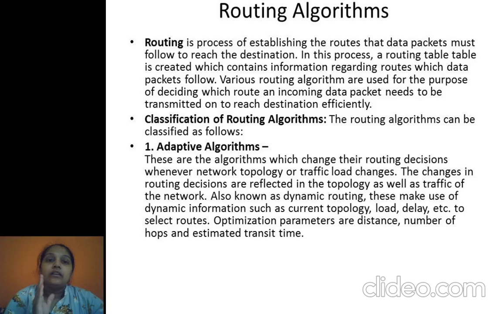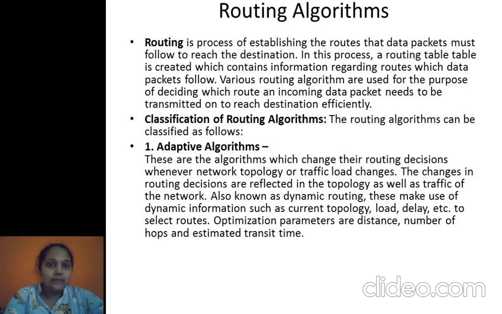The routing algorithm is classified into two types. First is the adaptive algorithm, which we call a dynamic algorithm or dynamic routing, and second is the non-adaptive algorithm, which is static routing. So let's first discuss the adaptive algorithm.